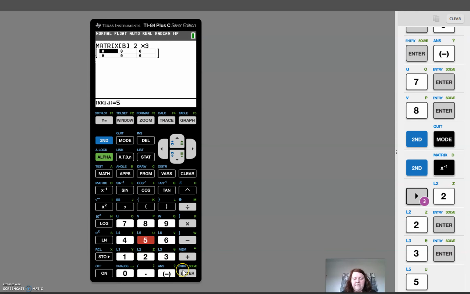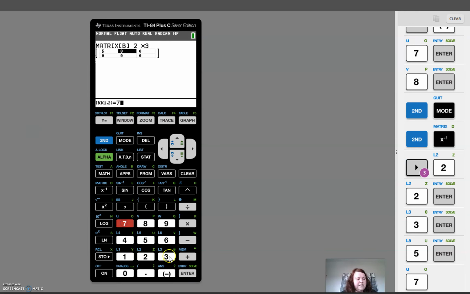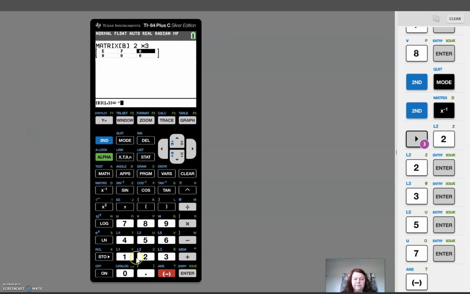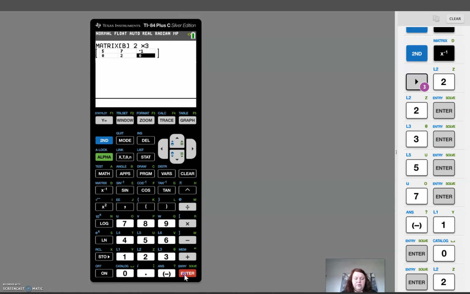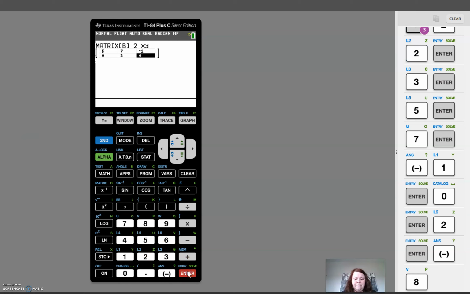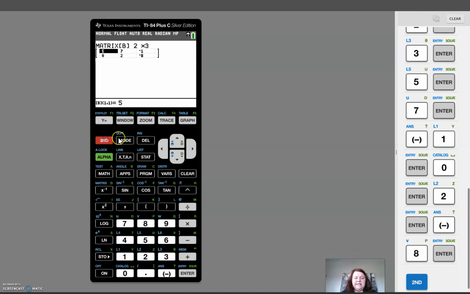So 5, 7, -1, 0, 2, and -8. Okay, so we should have both matrices in our calculator now. And I'm going to press second, quit to get out of that screen.